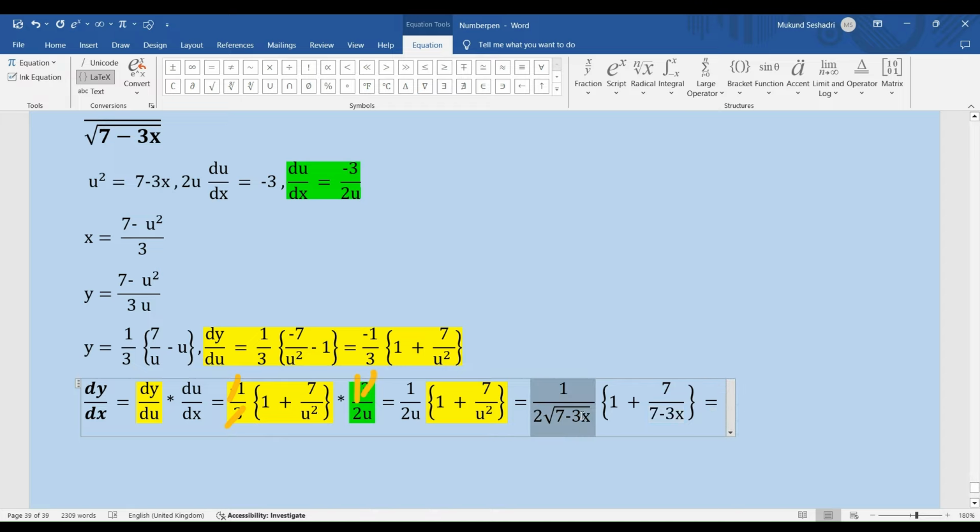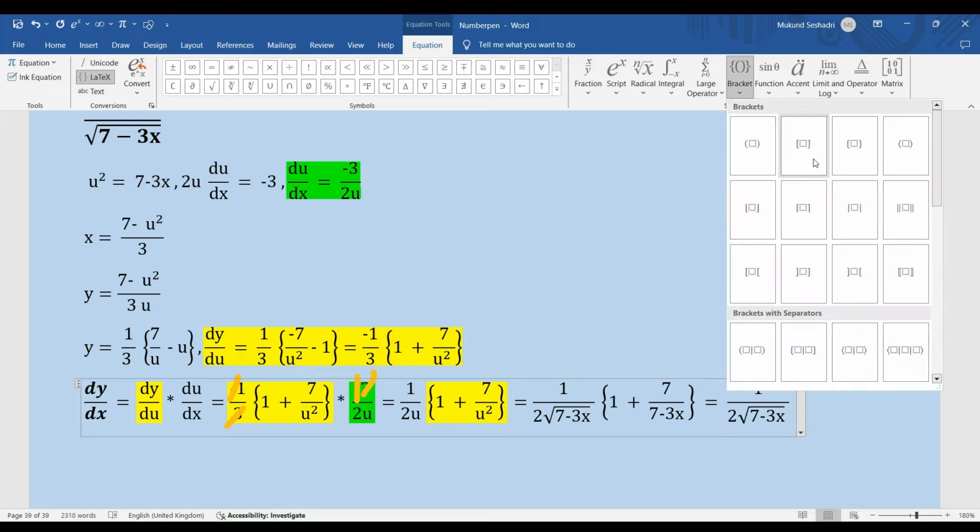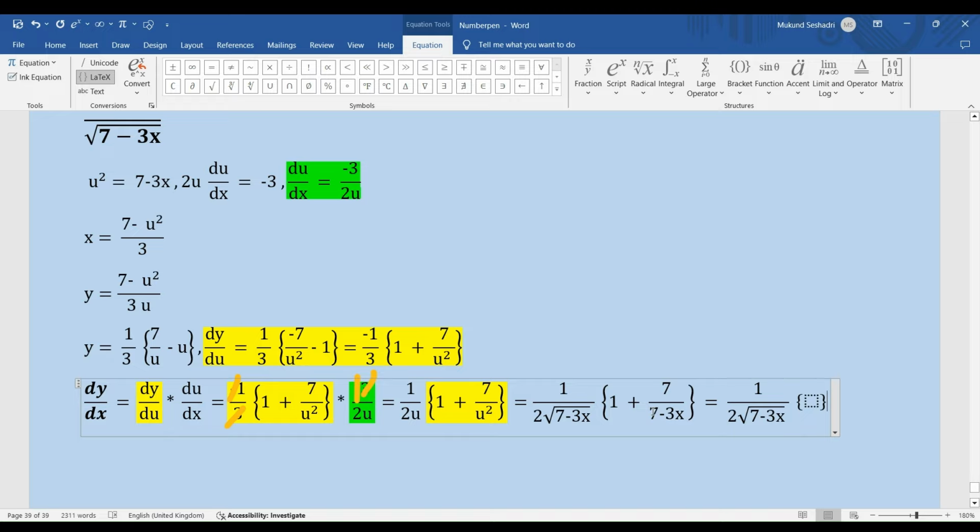And then I have one more step before I get my final answer. I move the 7 minus 3x, which is there in the denominator, to cross multiply it with 1, and then I get 14 minus 3x divided by 7 minus 3x, right?